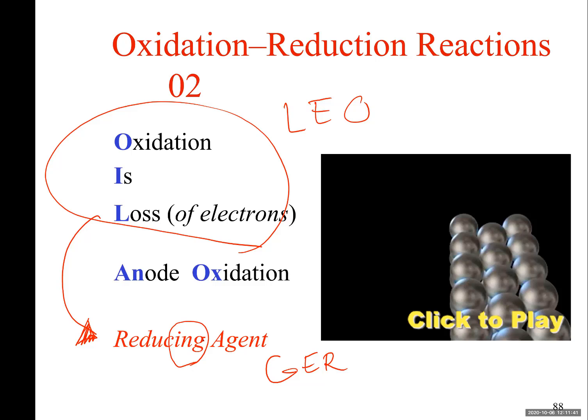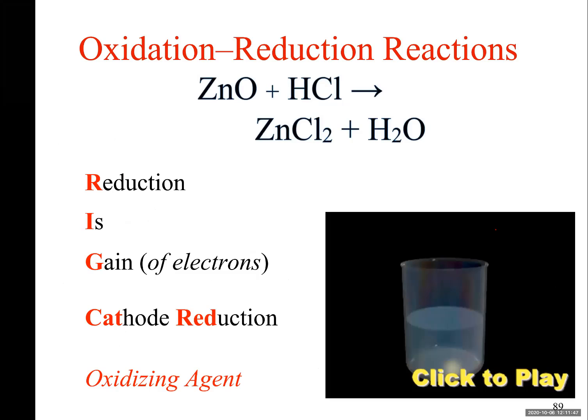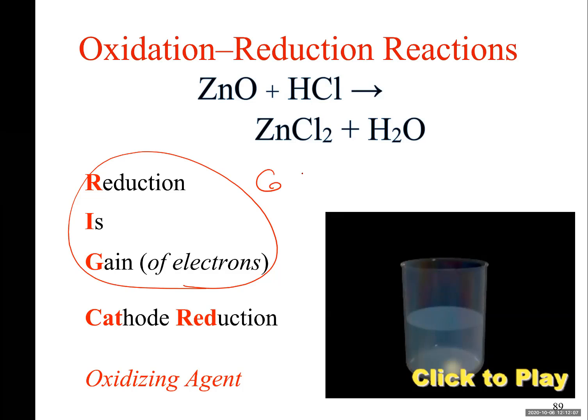Any questions? Okay. So did we say reduction is gain of electron? Gain of electron is reduction.